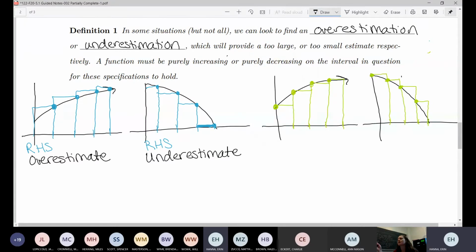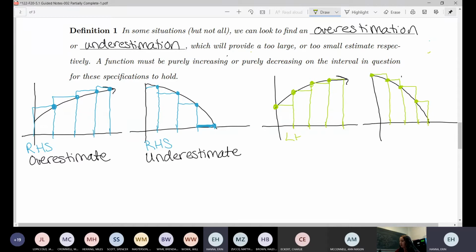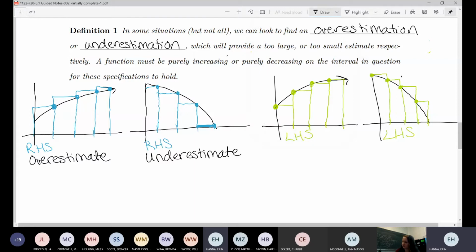So essentially, when you do the same thing for an increasing and then decreasing function, but in a left-hand sum, it kind of switches. Oops, I forgot to put left-hand sum under both of these. Left-hand sum, left-hand sum. So for an increasing function, the left-hand sum turns out to be an underestimate. And the decreasing turns into an overestimate.